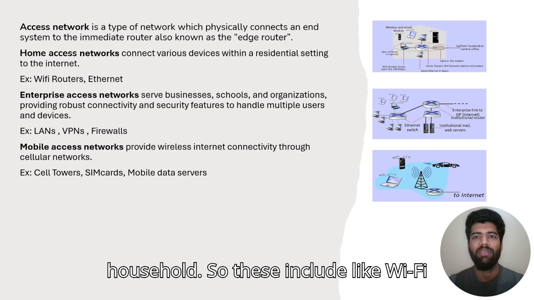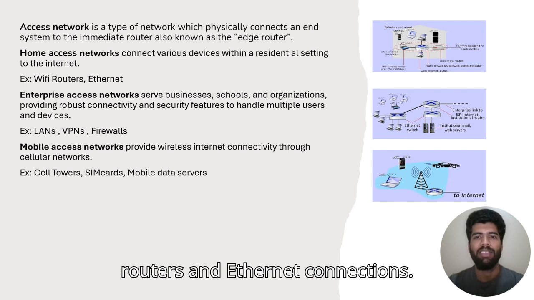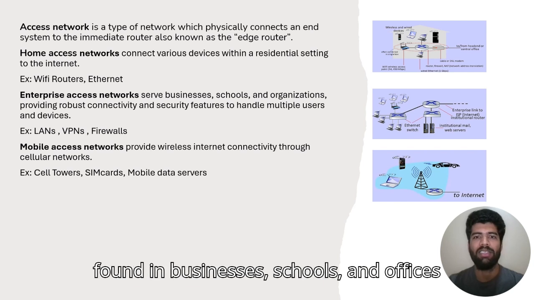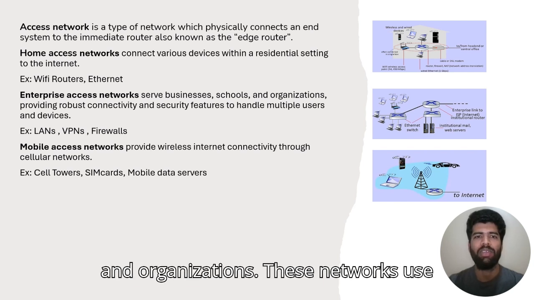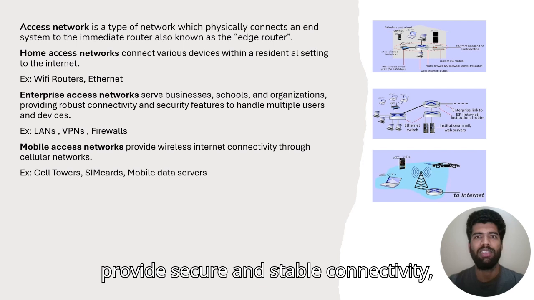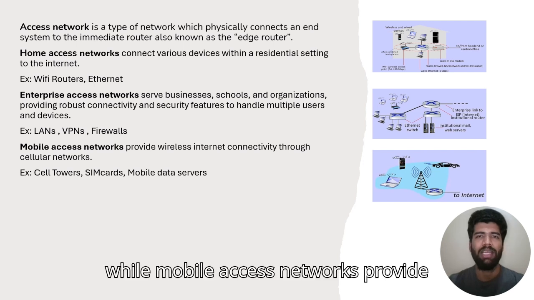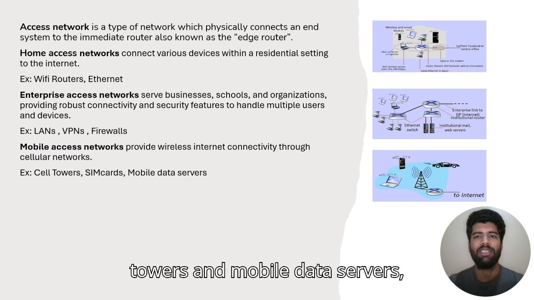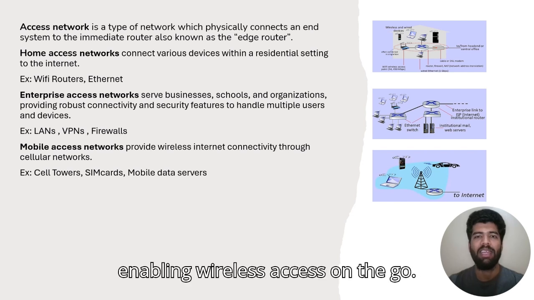These include Wi-Fi routers and Ethernet connections. Whereas enterprise access networks are found in businesses, schools, offices, and organizations. These networks use LANs, VPNs, and firewalls to provide secure and stable connectivity. While mobile access networks provide internet connectivity through cellular towers and mobile data servers, enabling wireless access on the go.